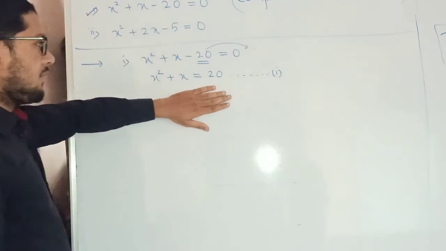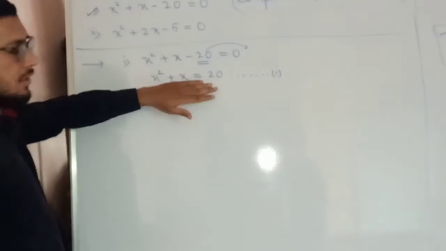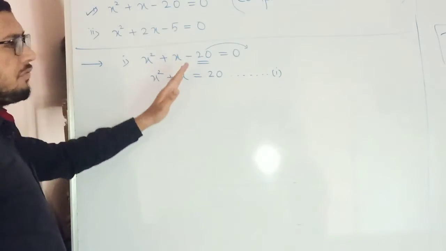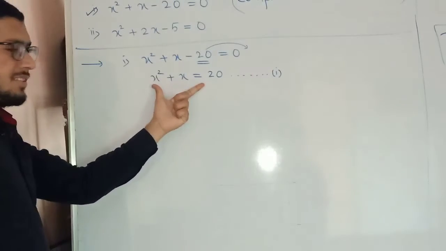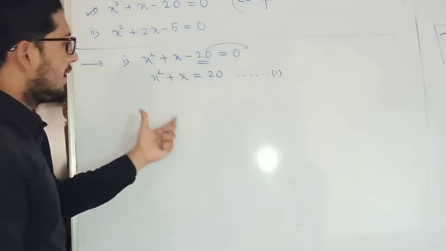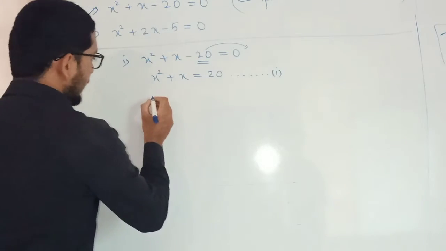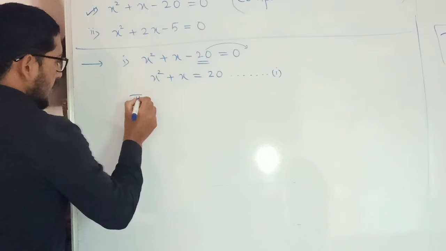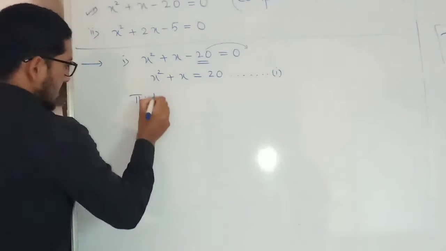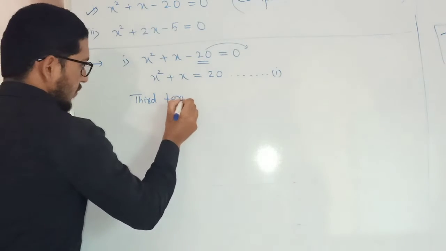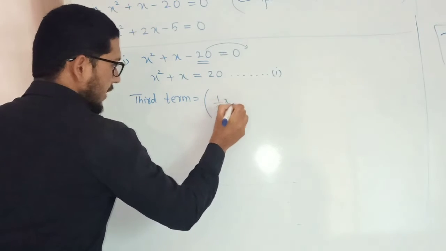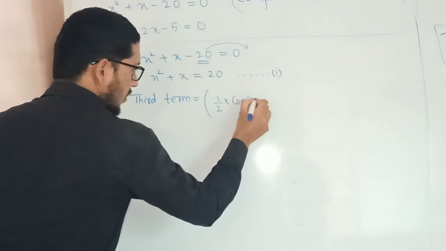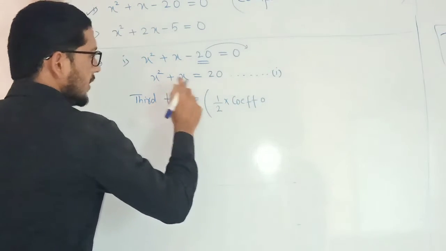So we have completed the first step. In the first step, we have to shift the third term to the RHS. Once we finish this step, we go to the next formula, that is the third term formula. Now we'll use the third term formula. What is the third term here? 1 upon 2 into the coefficient of, what is the variable here? x.